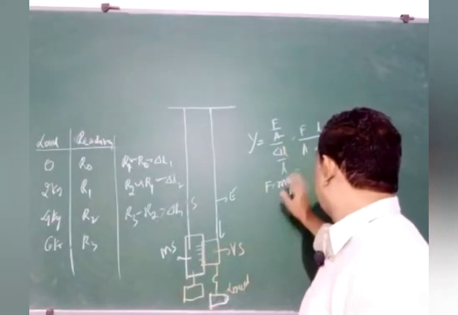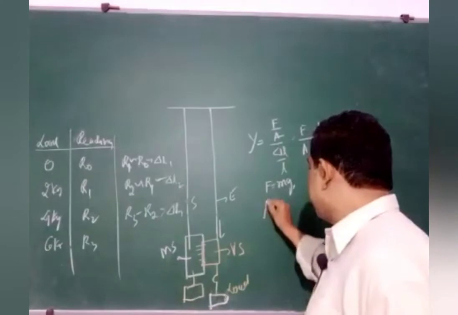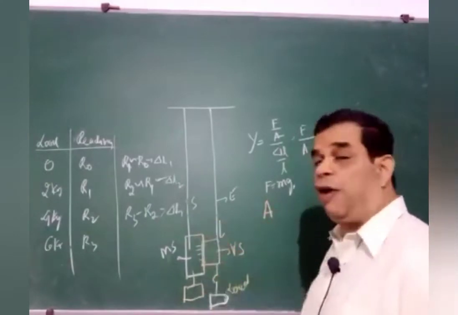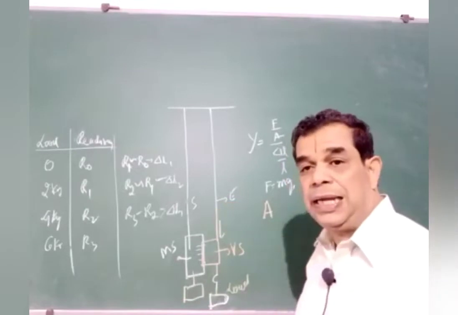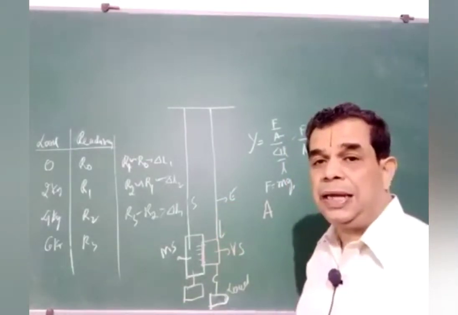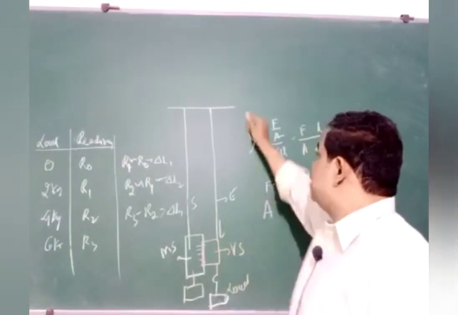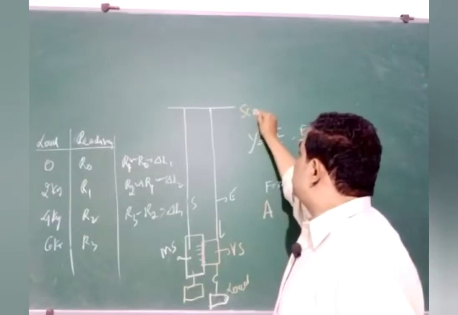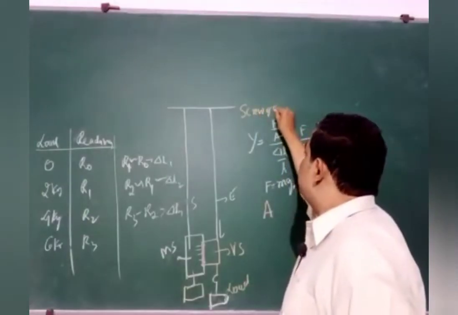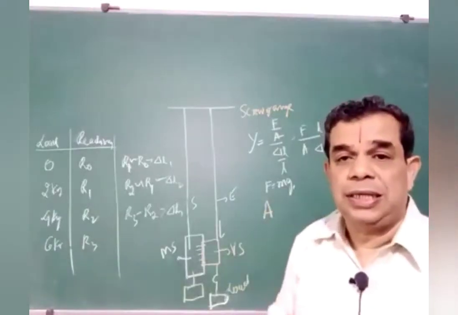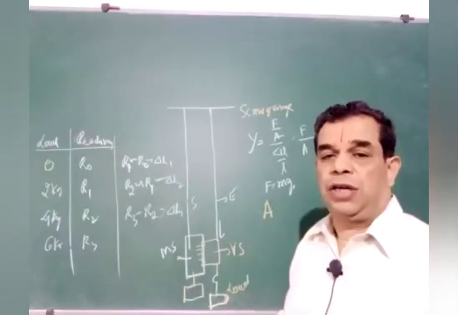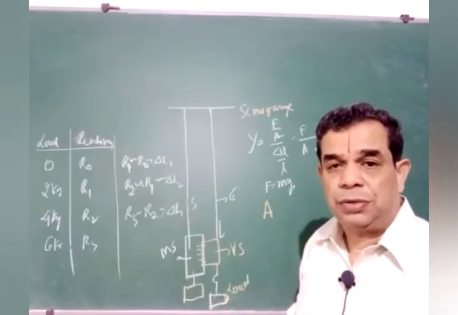Once I have all these things, how to measure the area? Area of what? This thin experimental wire. How to measure it? There is an instrument we call a screw gauge. That screw gauge will help us to measure the radius to 1/100th of a millimeter or so.